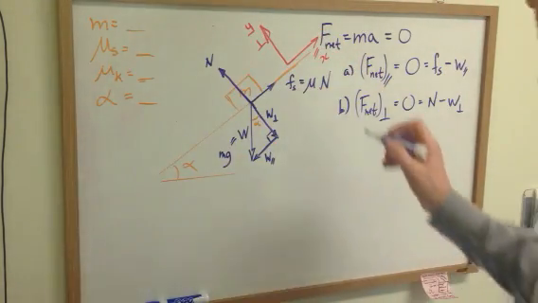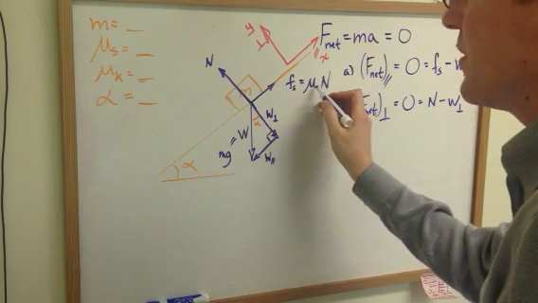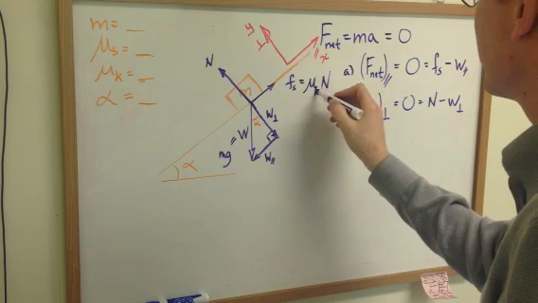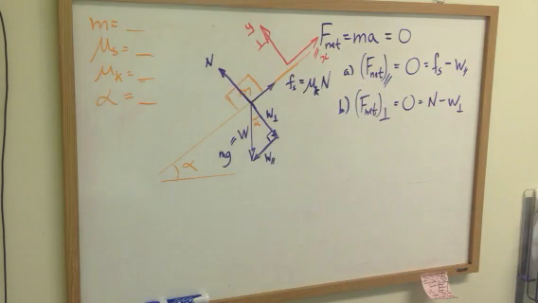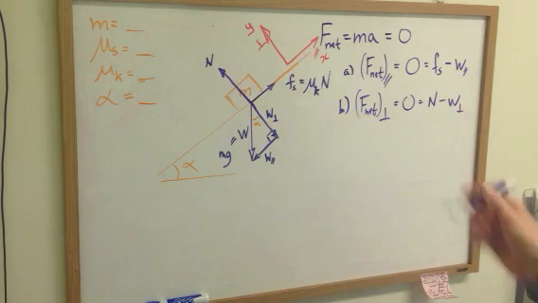It's accelerating down the hill, and the friction, instead of static friction, it's kinetic friction. The equations are identical, but what's kind of nice is we know what this angle is. So we can calculate all of these more easily.